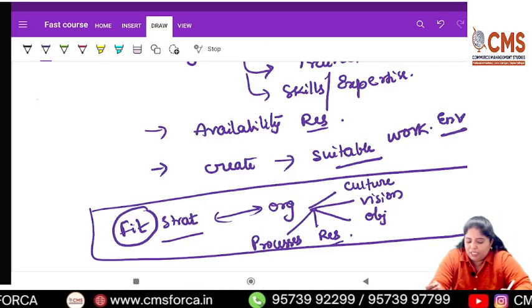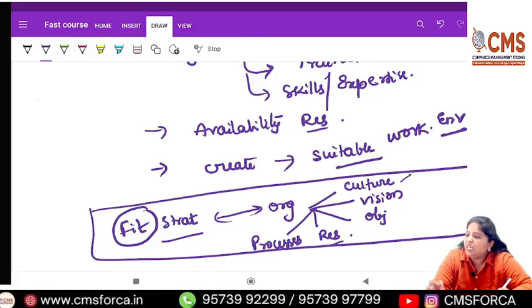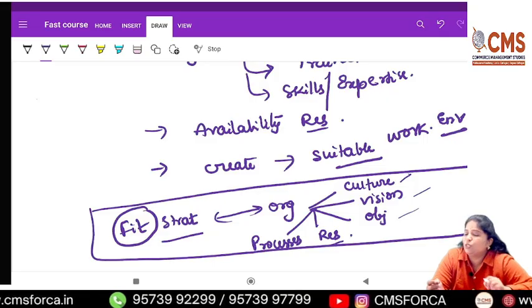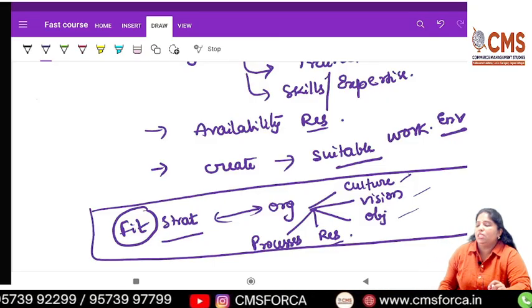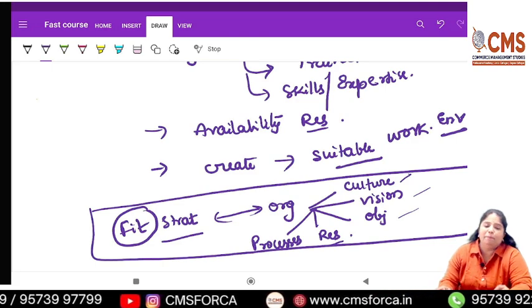Without proper fit with the organization's culture, vision, objectives, resources, and processes, implementation failure is more probable to happen.